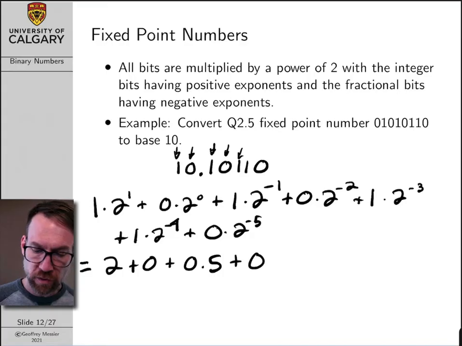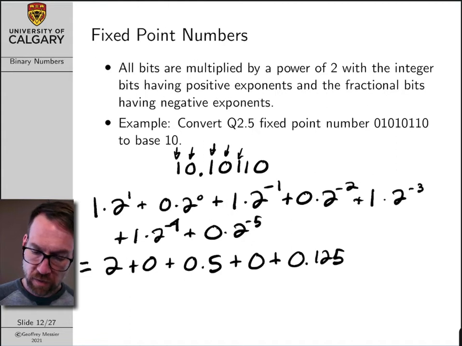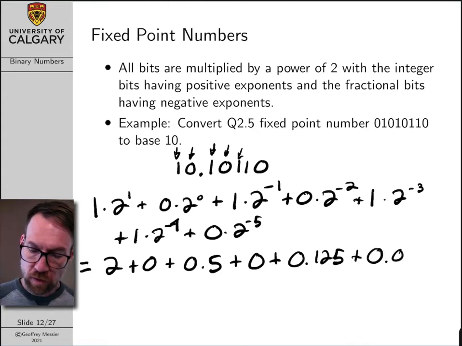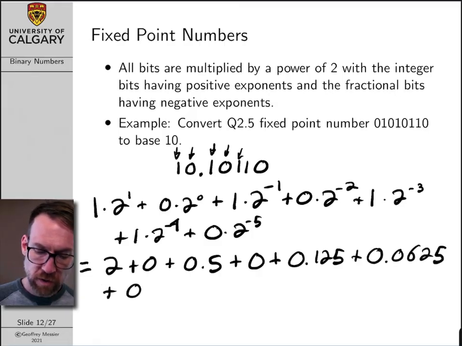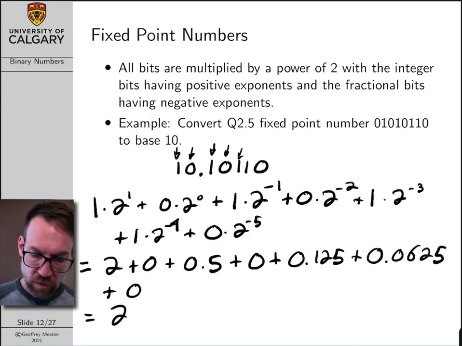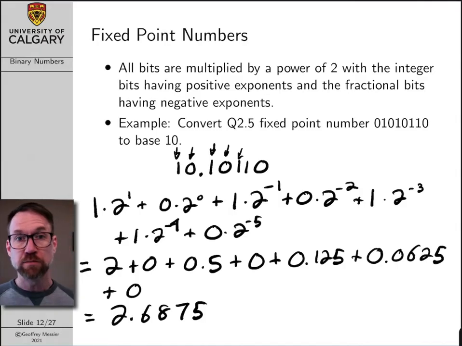Then we have another 0 term, and then 0.125, and then 0.0625, plus 0, is equal to 2.6875. And that's how it works.